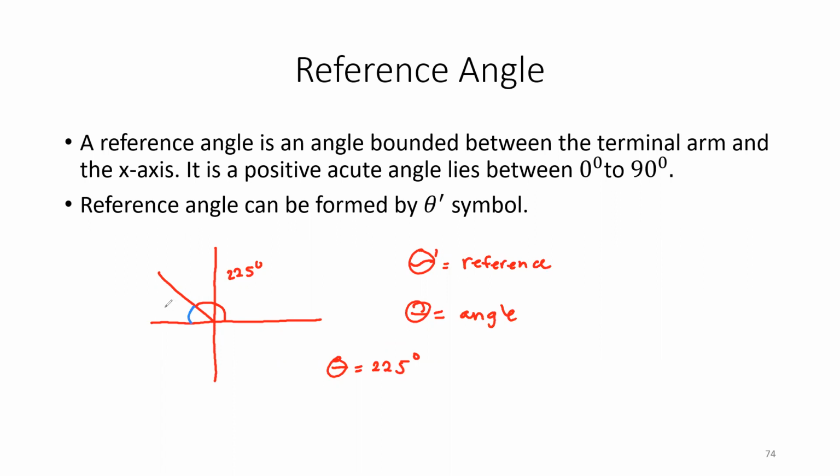So this would be your theta prime. So theta prime would be your reference angle. That's all it is. There's just a few rules you have to know. It just depends where your theta is, then there's rules. And let's go over the rules.